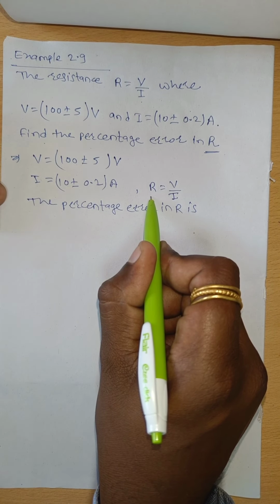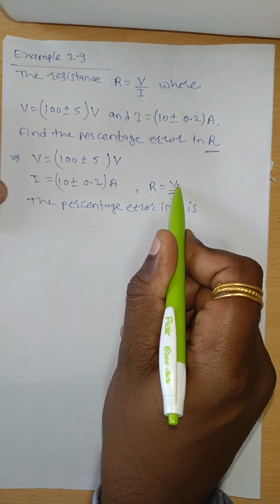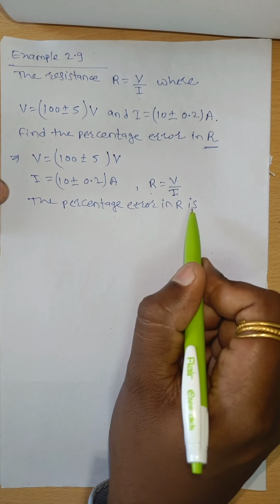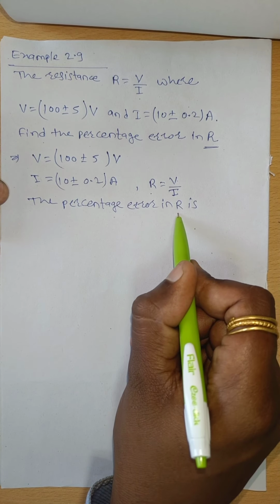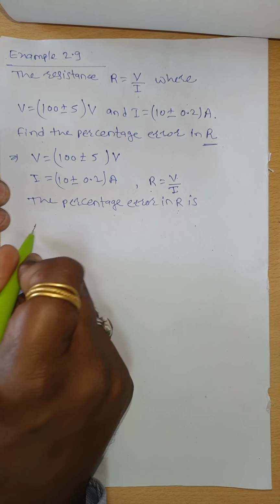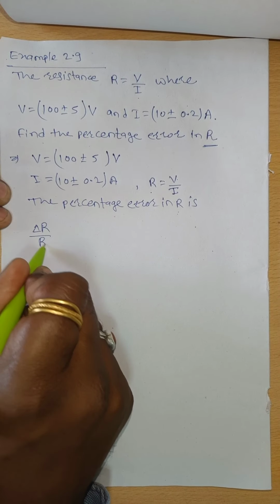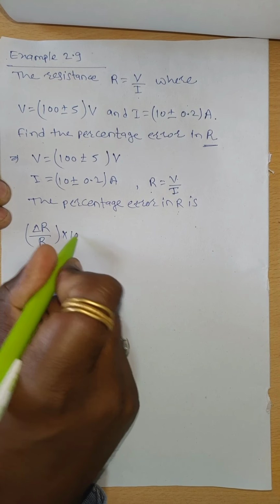The relative error of R is equal to the relative error of V plus the relative error of I. Now the percentage error is nothing but the relative error into 100. Therefore the percentage error in R is equal to delta R by R into 100.